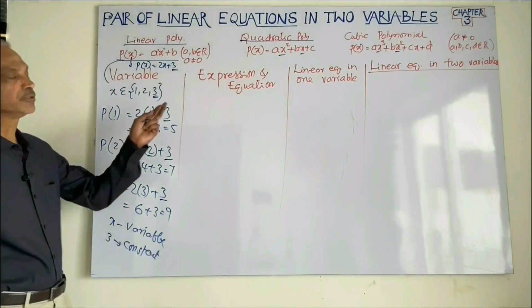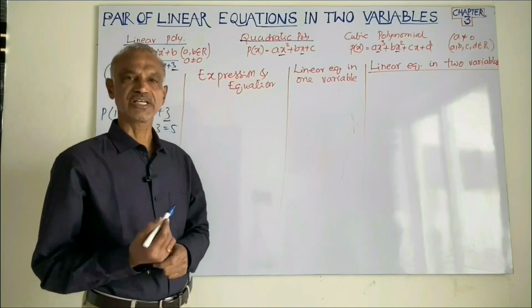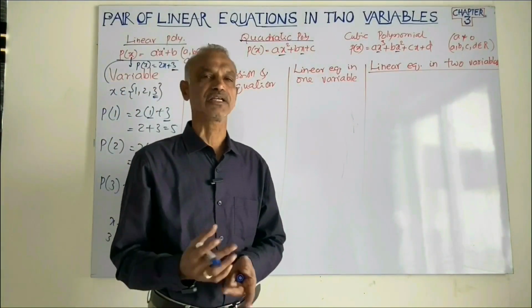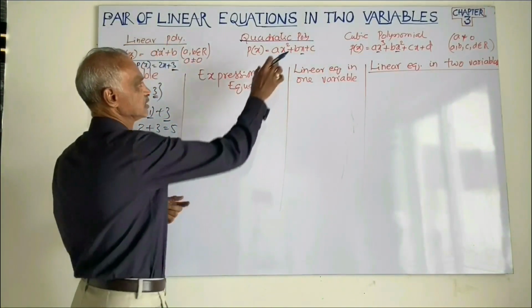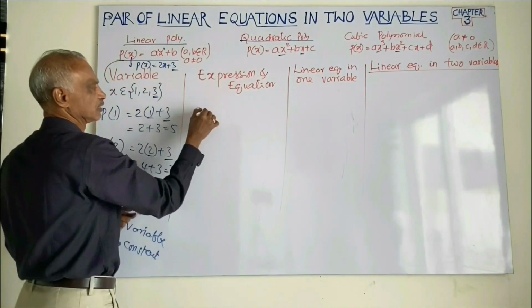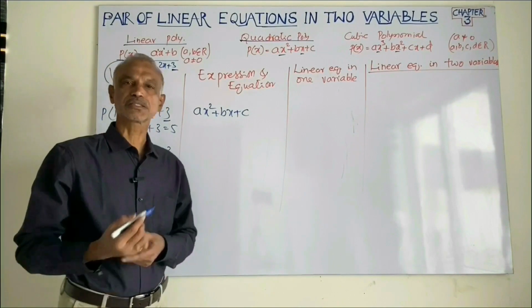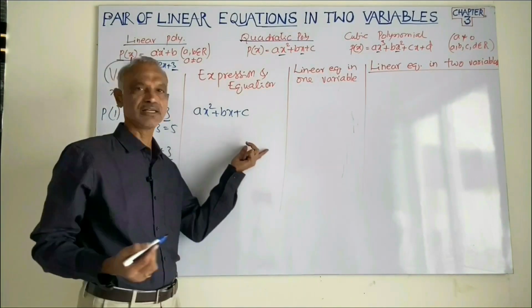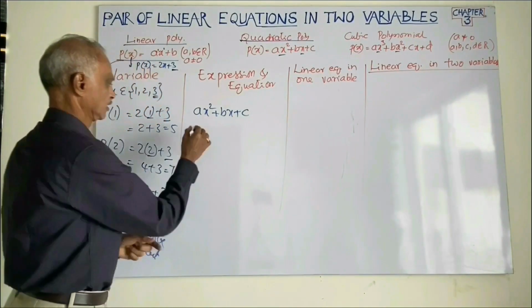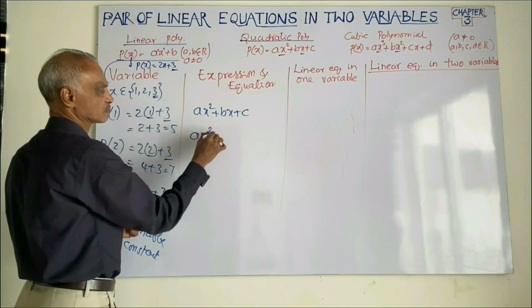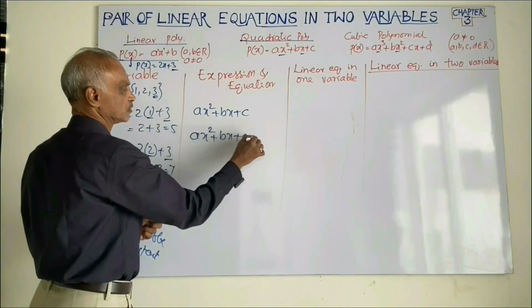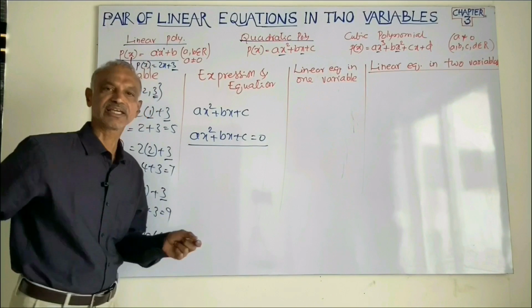Now, you should know the difference between expression and equation. You take this ax square plus bx plus c. This is a quadratic expression. It doesn't have any value. But if you take ax square plus bx plus c is equal to 0, it is a quadratic equation.